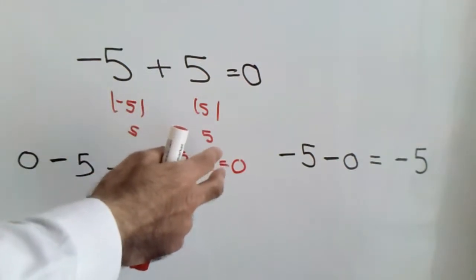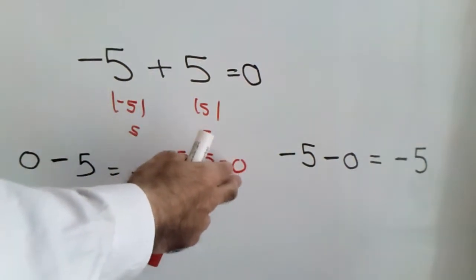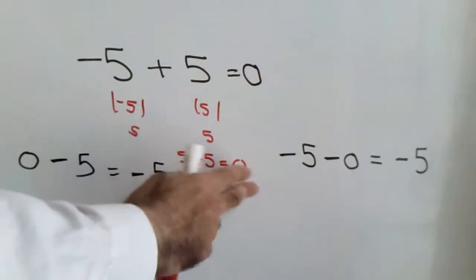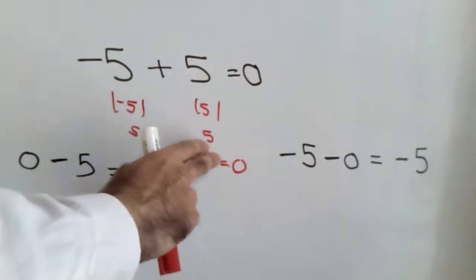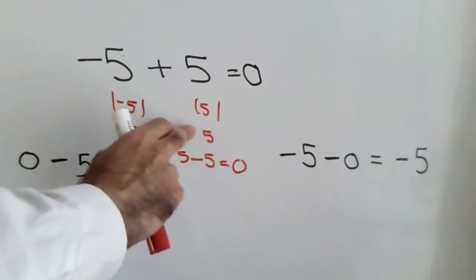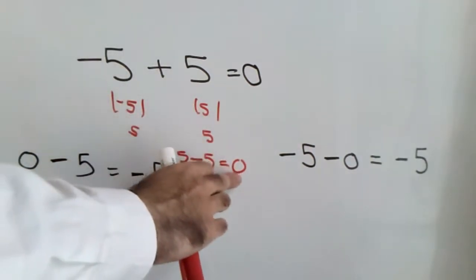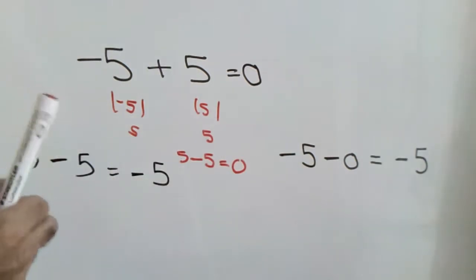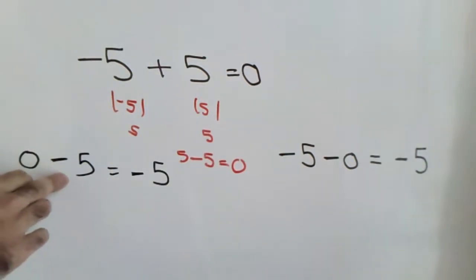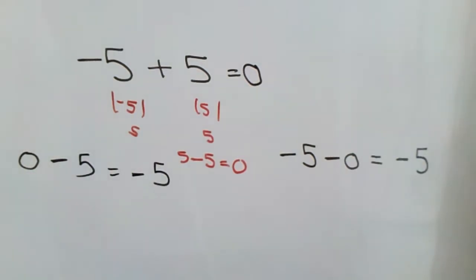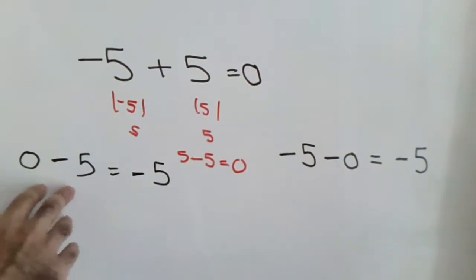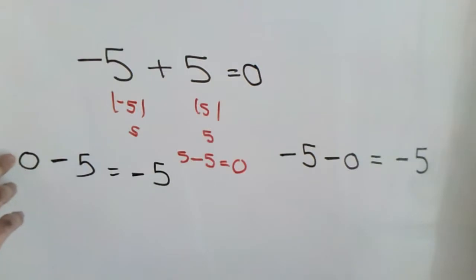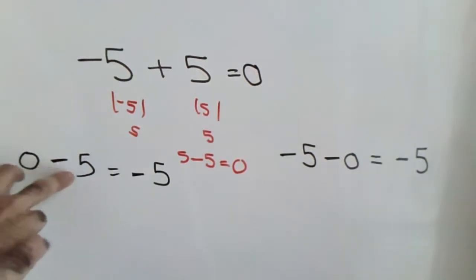Because it's 0, the 0 doesn't have a sign, so we just leave it as 0. We don't worry about the sign of the larger number. The other one might be, how do we do 0 take away 5? This is so easy. 0 doesn't have a sign, and the signs are different.